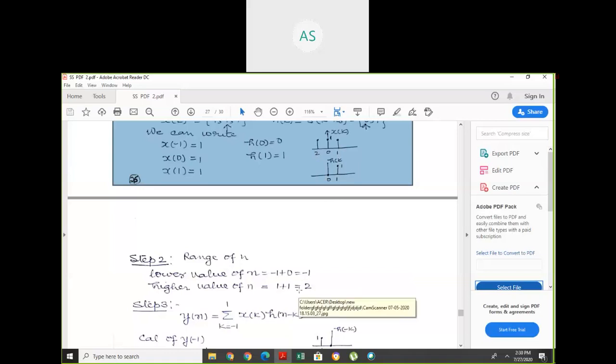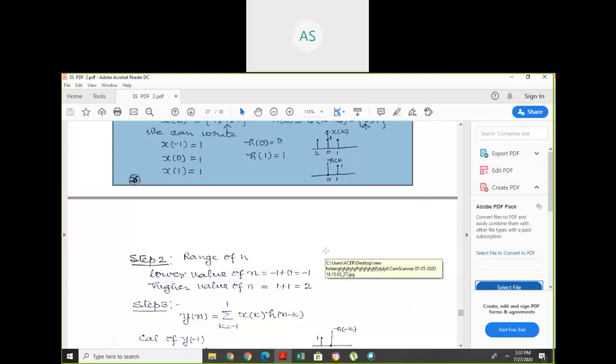So the lower limit here is minus 1, add it with the lower limit of this, and add the higher limit with the higher limit. So minus 1 is added with 0 and 1 is added with 1. So the lower value of n is minus 1 and the higher value of n is 2.